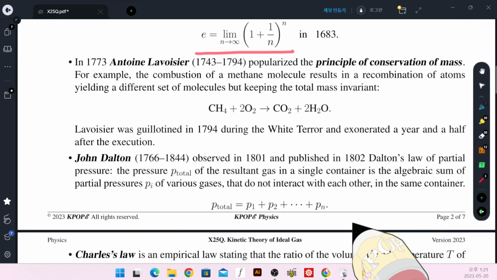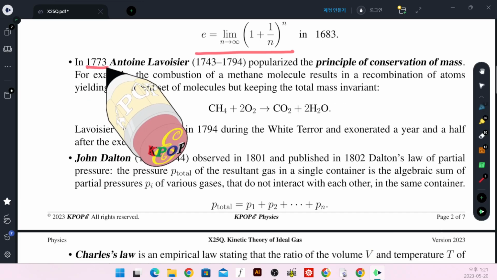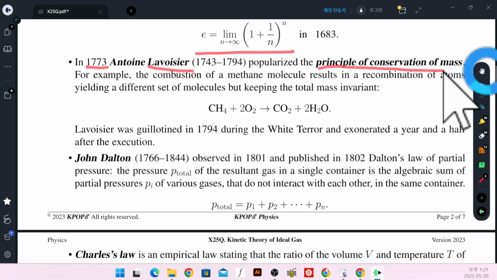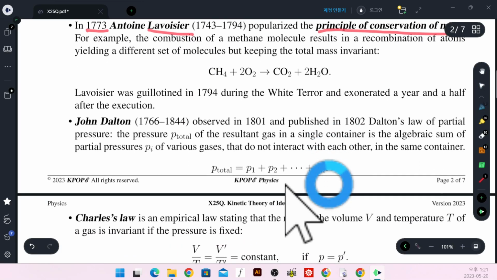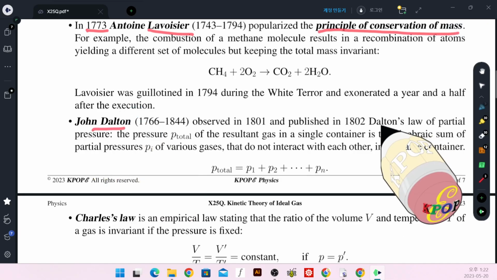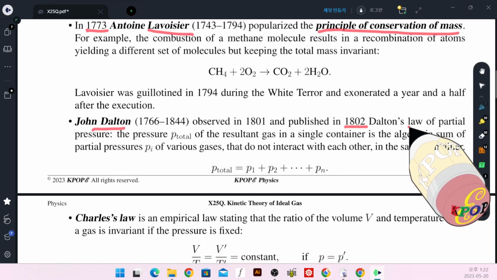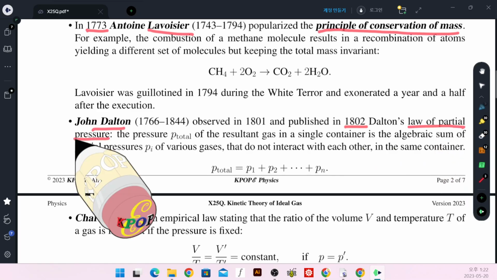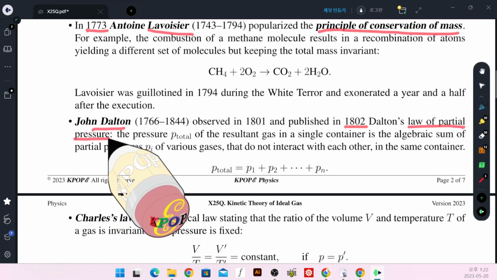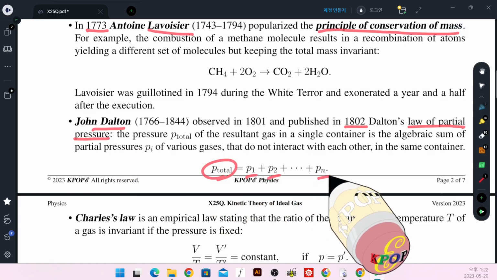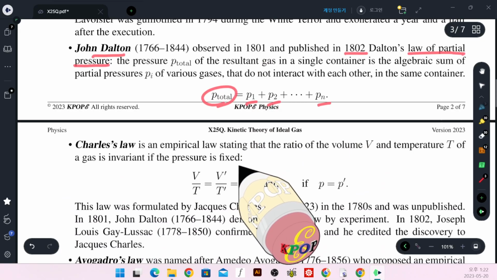In 1773, Lavoisier introduced the principle of conservation of mass. Dalton introduced in 1802 the law of partial pressure, in which the pressure of a mixed gas is the sum of the pressures contained in a single container.